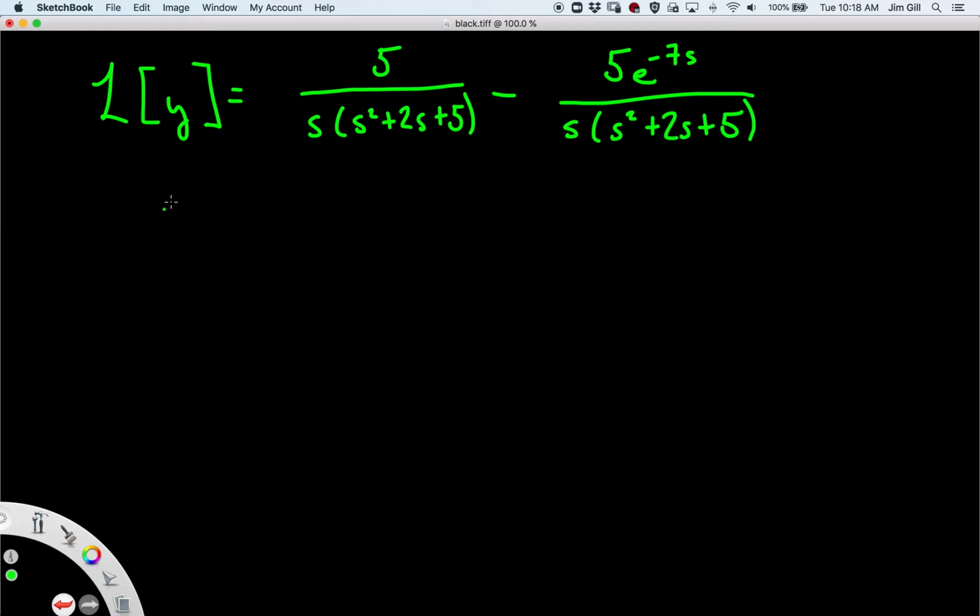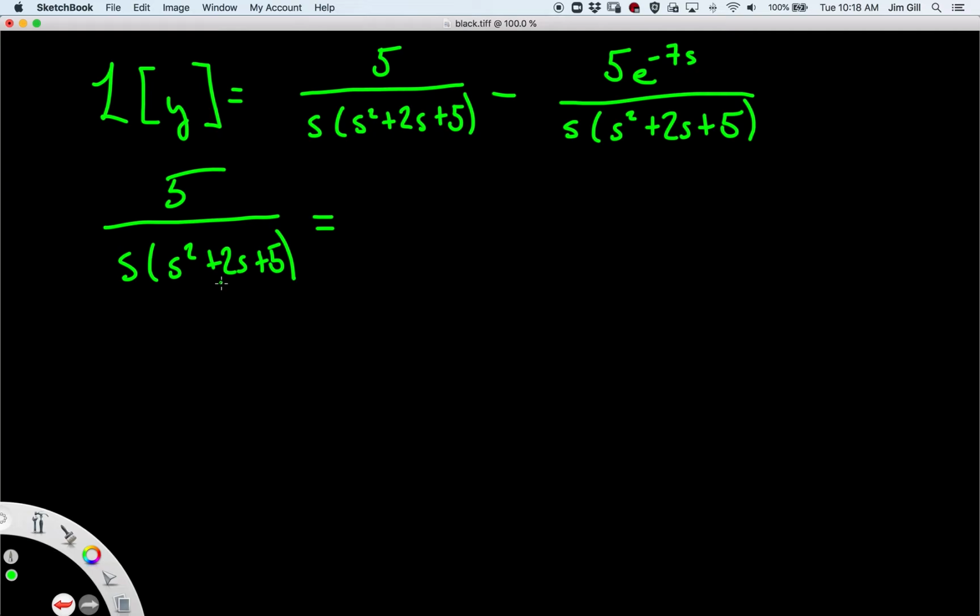So we have to look at 5 over s times s squared plus 2s plus 5. Now we have to figure out what are the factors of s squared plus 2s plus 5. But you will note here that this does not have real solutions, right? B squared minus 4ac is a negative number.